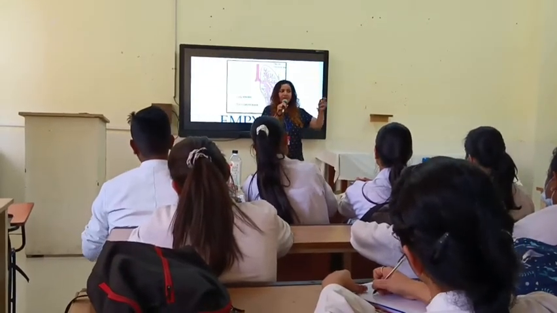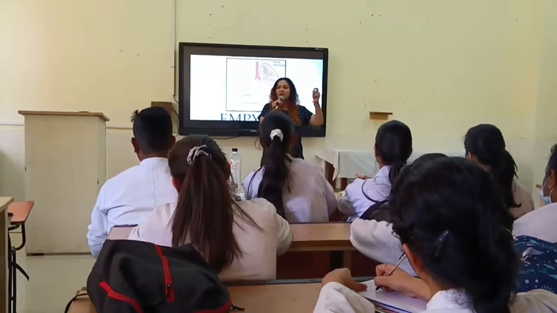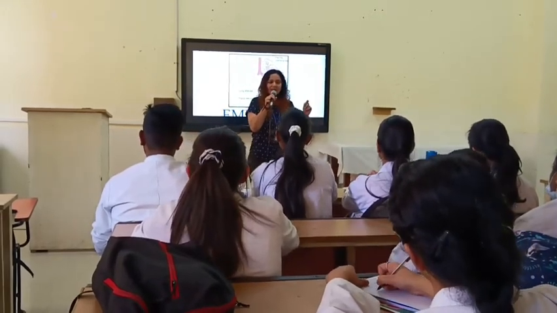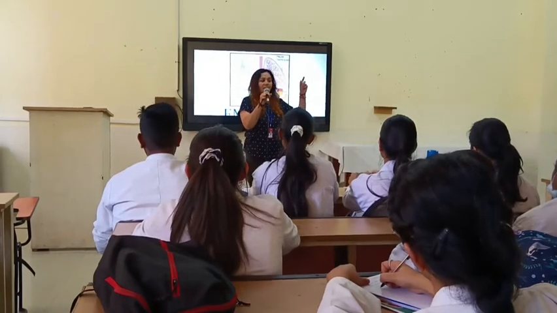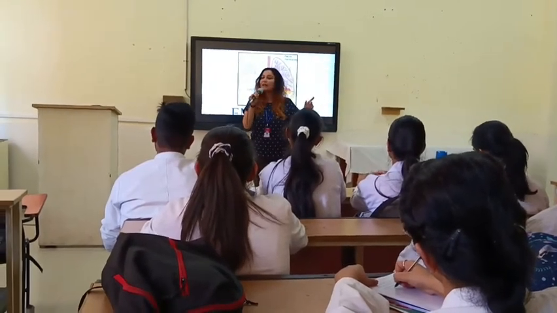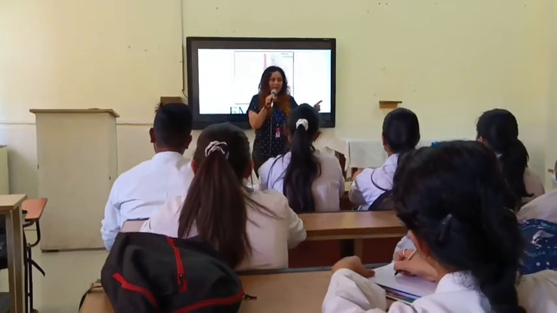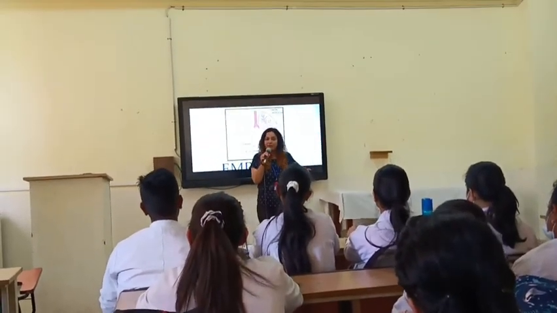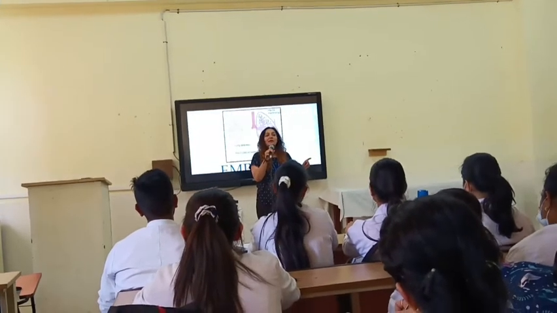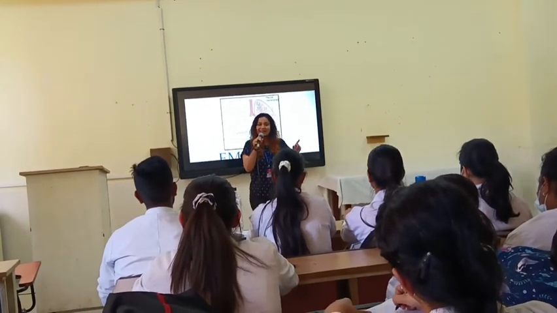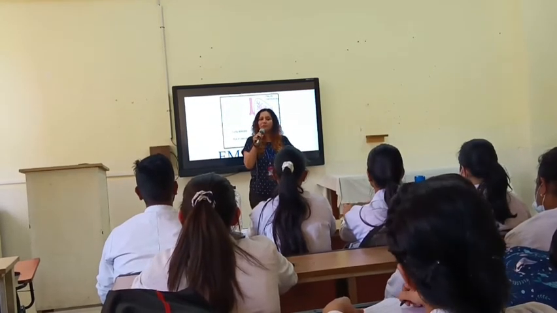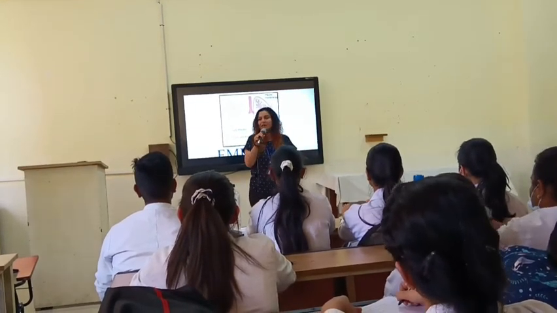We'll revise again. Parietal pleura, visceral pleura. In between both the layers is a space called the pleural space. Within that pleural space there is a cavity called the pleural cavity that contains pleural fluid. That pleural fluid has negative pressure, which helps in normal tidal volume breathing, which is 500 ml.